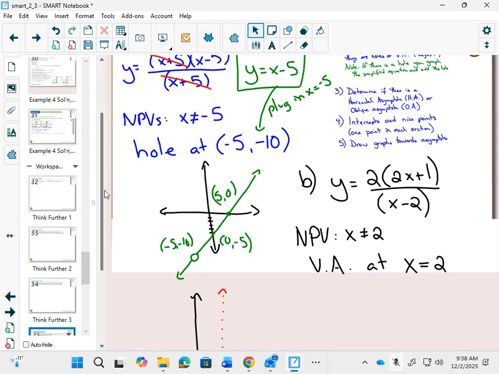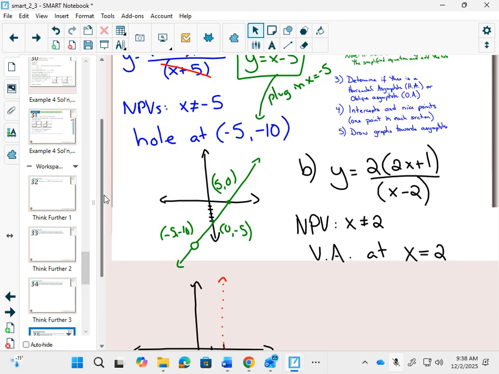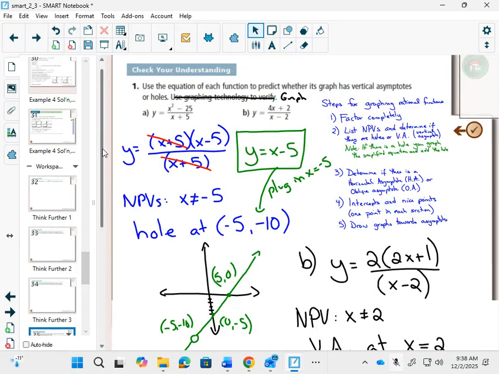Next, step 3, other asymptotes. Do you see that this equation is a line on the top and a line on the bottom? This is group 2. What did we decide about group 2? Group 2 had horizontal asymptotes.